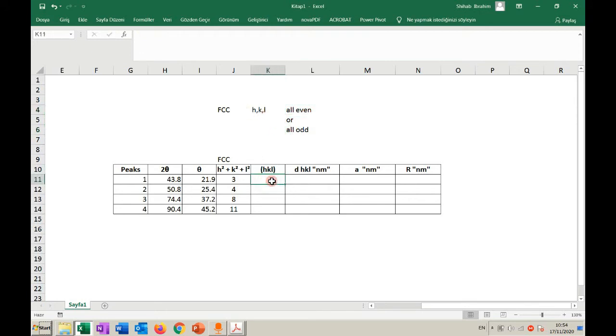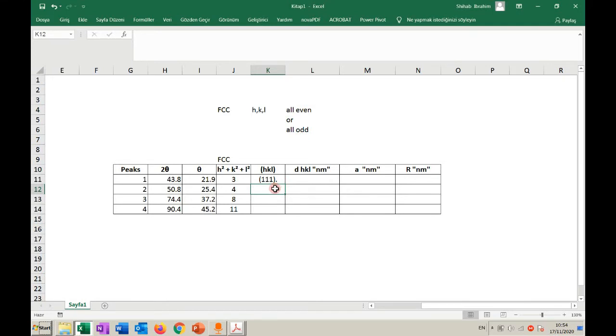So if you want to find the plane for this one, in order to get 3, the first plane will be 1, 1, 1. Why? Because 1 squared plus 1 squared plus 1 squared will be 3, and all of them are odd.